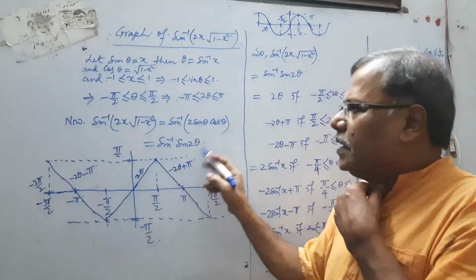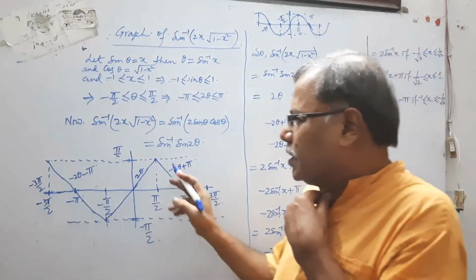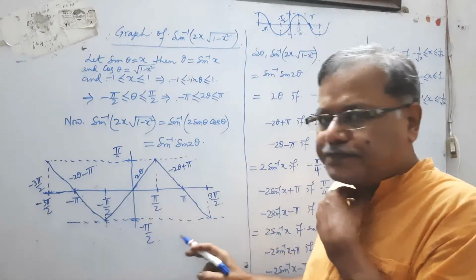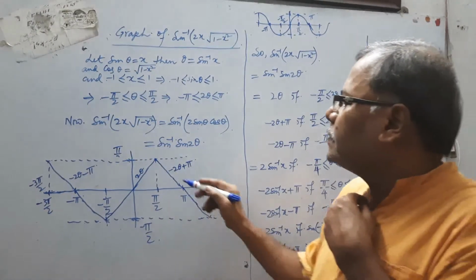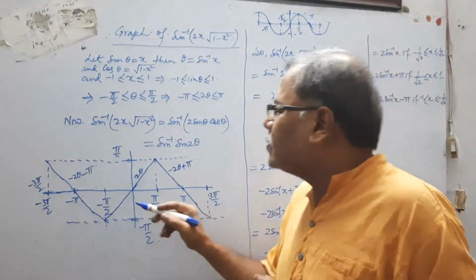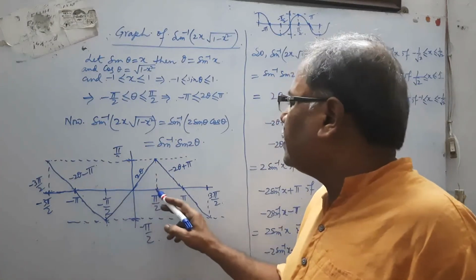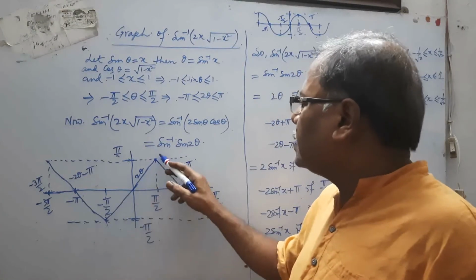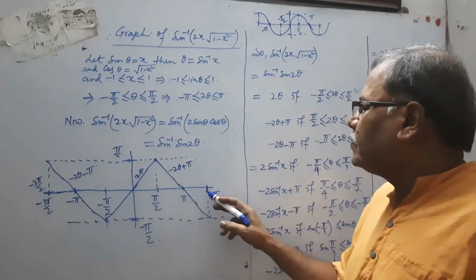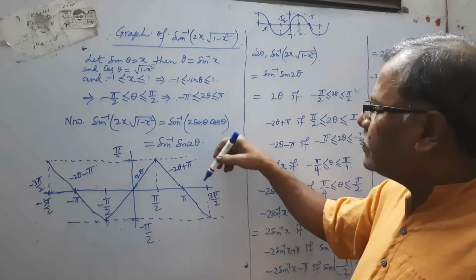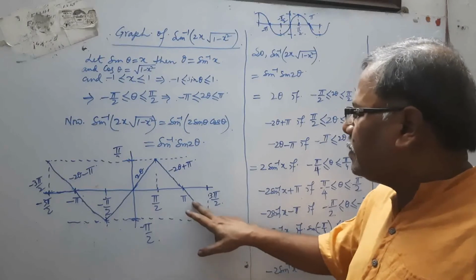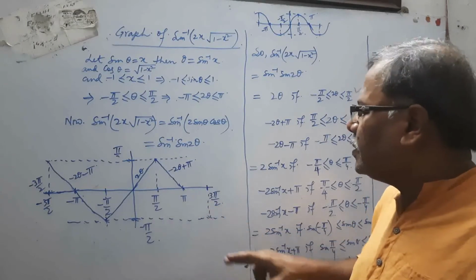In order to explain that, I have taken the graph for sine inverse sine 2 theta over here. This already I think you are familiar with. So from minus pi by 2 to pi by 2, this line will represent your sine inverse sine 2 theta, and from pi by 2 to 3 pi by 2, we have to restrict up to only pi because 3 pi by 2 is not in our domain.